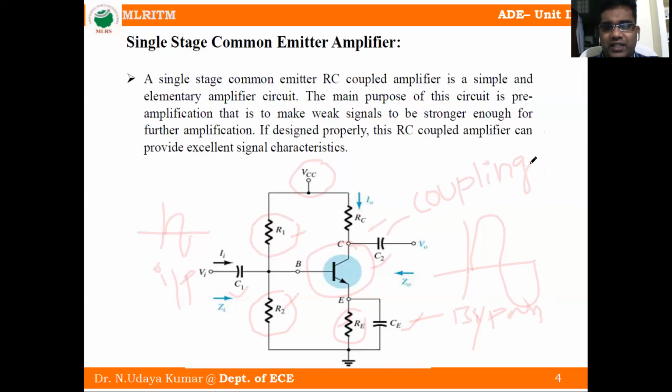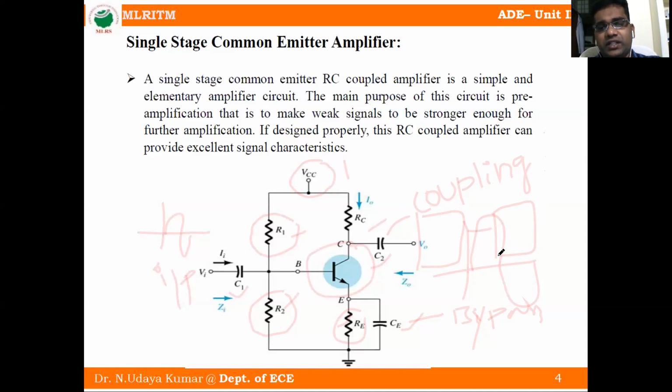This is the description of the RC coupled amplifier circuit in a single stage. We can connect many stages like this. This is a single stage. Now we connect the output of the first stage to some other RC coupled amplifier, and the output of the next stage to another, so that we increase the signal strength step by step.